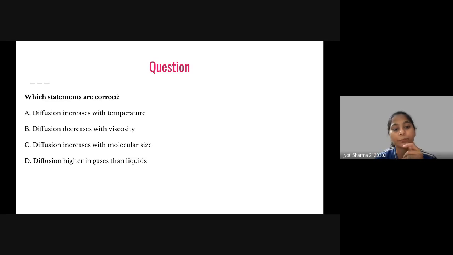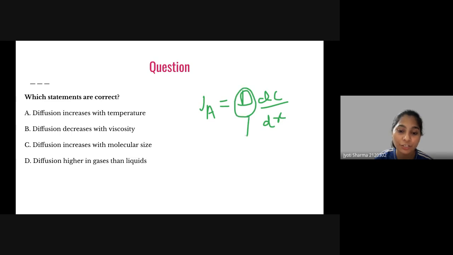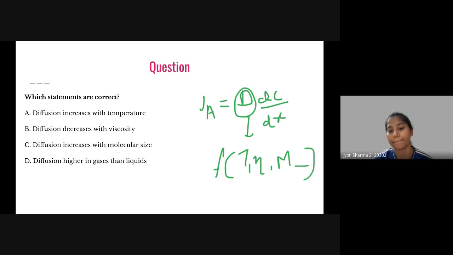Okay. So what we learned is diffusion flux, right? Diffusion flux is equal to the diffusion coefficient times dc upon dx. This diffusion coefficient is a function of temperature, a function of viscosity, a function of molecular size, and a lot more. So now you have to tell me how diffusion can change based on these particular variables or parameters.